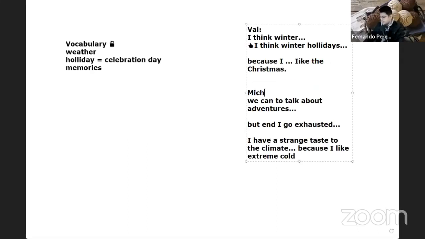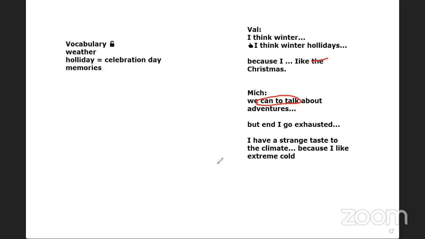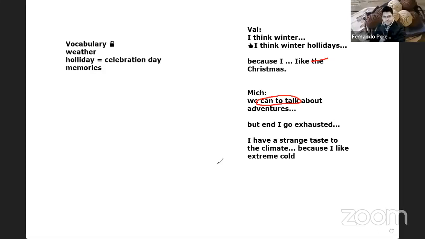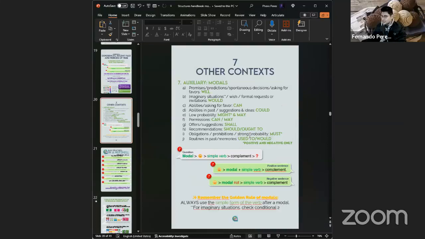Now for Mitch. Be careful when using can. Because in Spanish, you know that connector for two verbs, ¿no? In English you say, I want to go. ¿Por qué decimos to en el I want to go, Mitch? Two verbs. Exactly. Want is a verb and go is a verb, no? Well, in the Structures Handbook, you will see that can is not a verb.